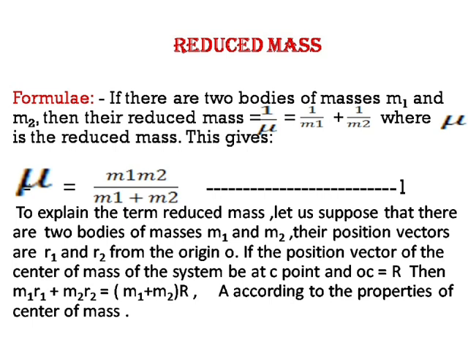Therefore, R is equal to m1 r1 plus m2 r2 by m1 plus m2. This is equation number 1.